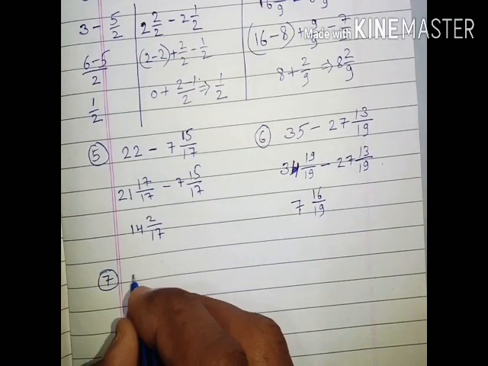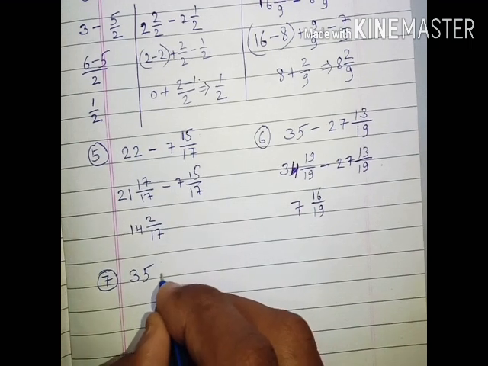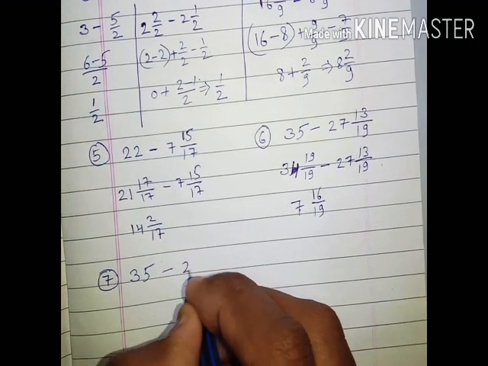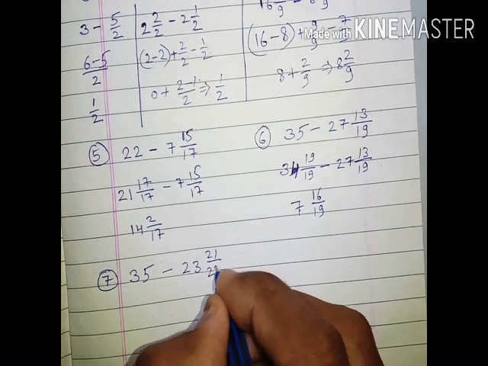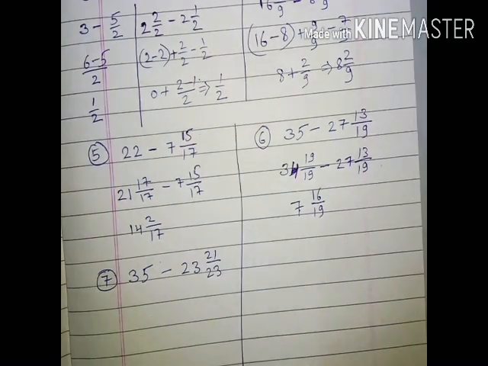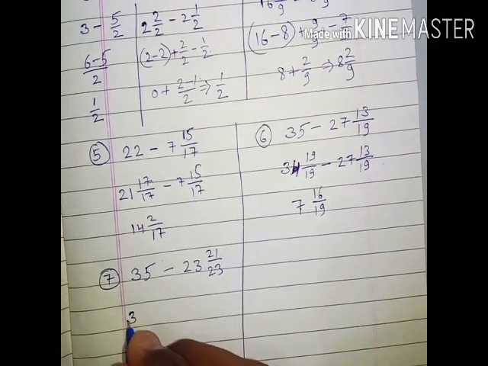Starting one more question. 35 minus 23 21 upon 23. As we are giving you questions, just pause the video and try it yourself, then you can check it. Let's start the question. We can write 35 as 34.